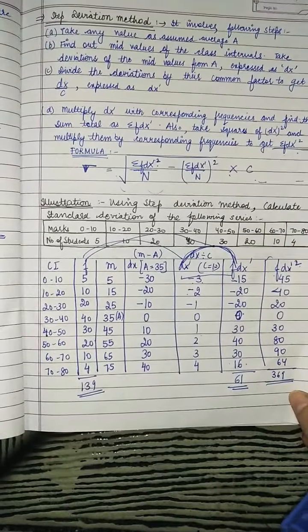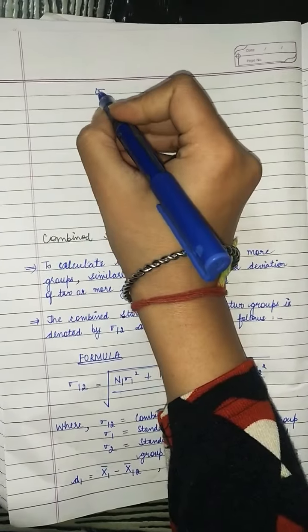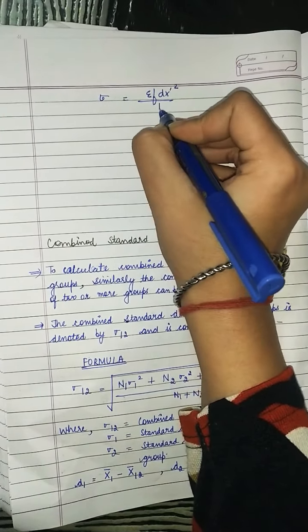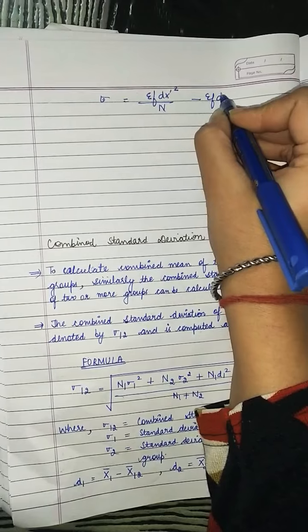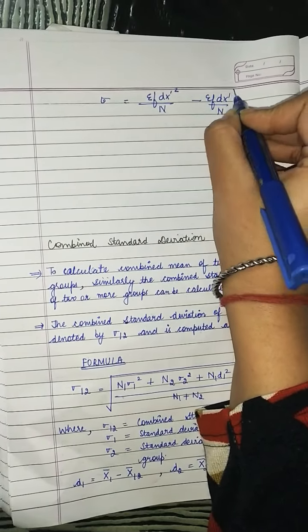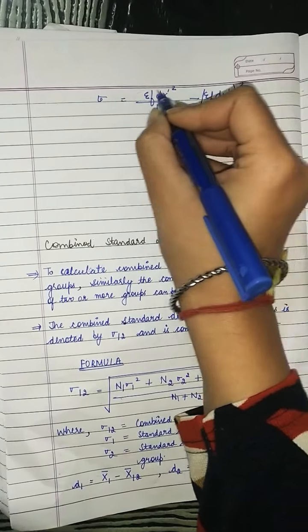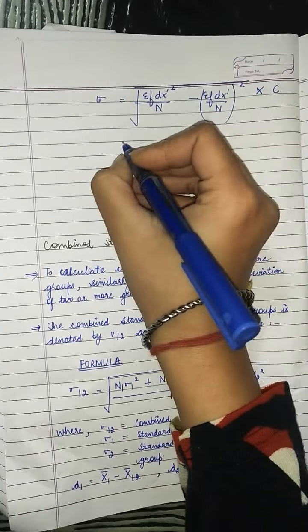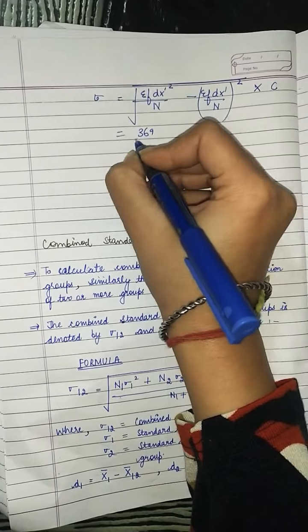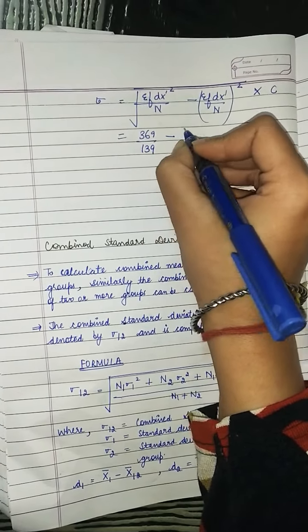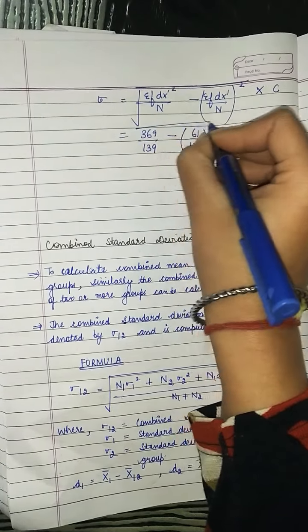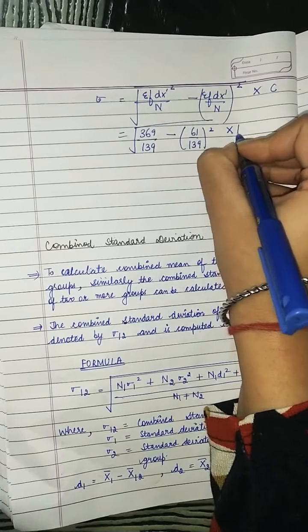So apply this, put these values in the given formula. Summation of f dx dash square upon n minus summation of f dx dash upon n the whole square, into c, that is 369 upon 139 minus 61 upon 139 the whole square, into 10.